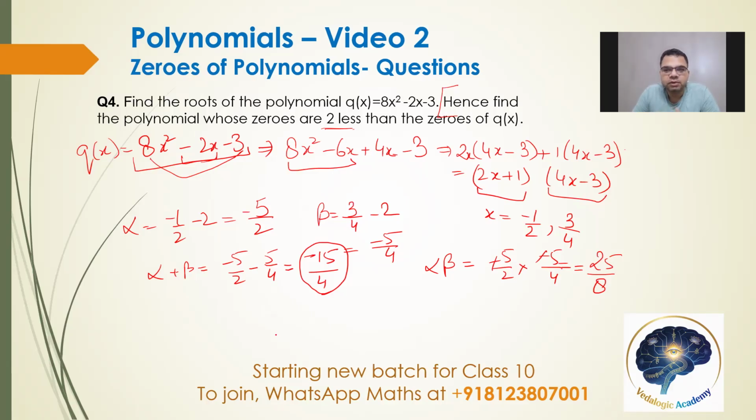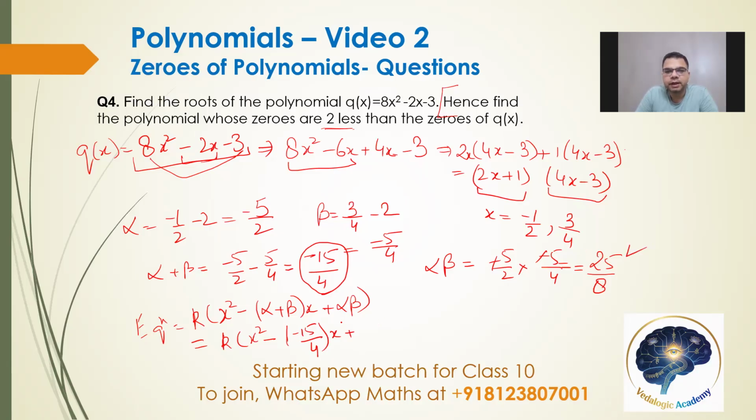Okay. Now the second last part is very easy, right? We have to find the equation. We know the equation is k into x square minus (alpha plus beta) into x plus alpha beta. So this becomes k into x square. My alpha plus beta is minus 15 by 4, so I'll put minus 15 by 4 into x, plus alpha beta, which is 25 by 8. So I'll put it as is.